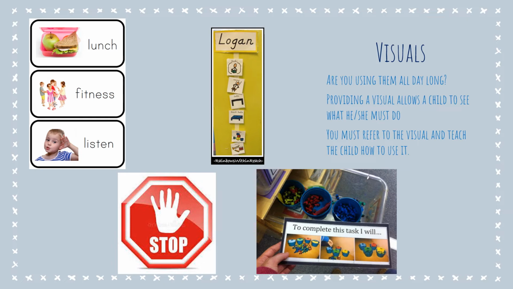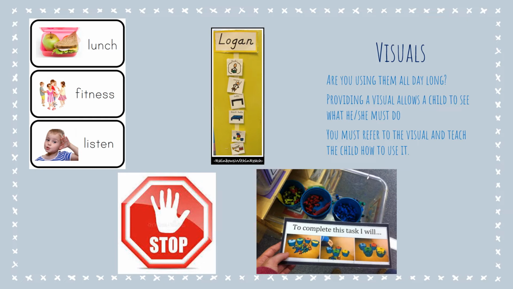But if I have this visual that shows me 3 easy steps how to play with this toy, then maybe I can play appropriately. You could have one of these little visual cards in every basket, and the kids that need the visual will use the visual. Or you can teach all kids to use the visual. The kids that don't need the visual will stop using it, but the kids that still need it will continue to use that visual.